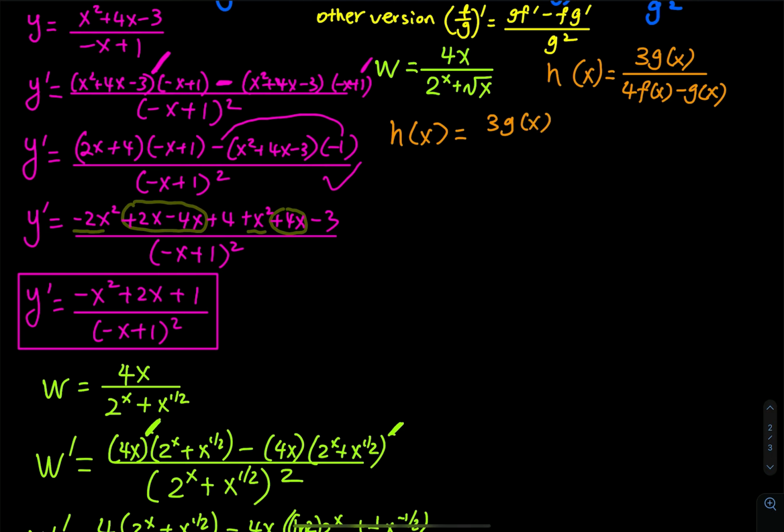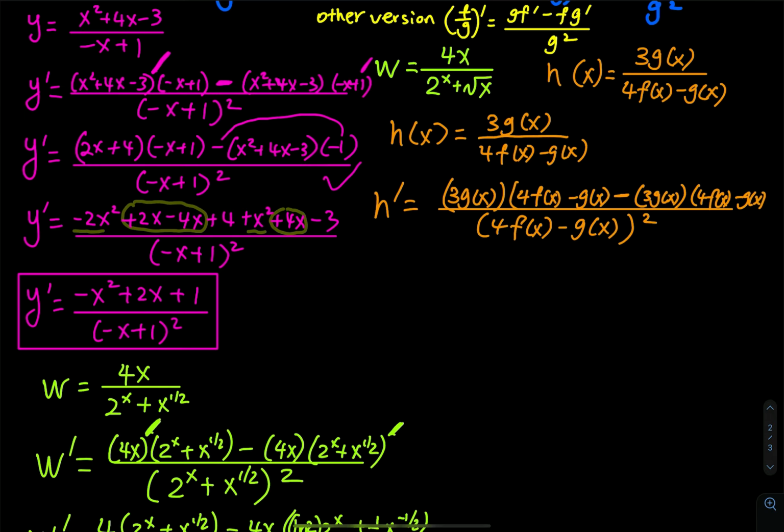Then minus numerator times the derivative of the denominator. So 3g of x, and then 4f of x minus g of x.